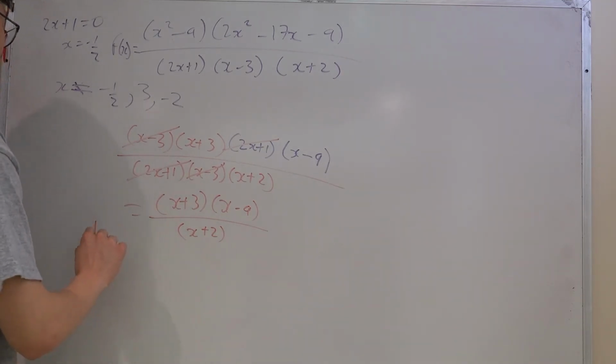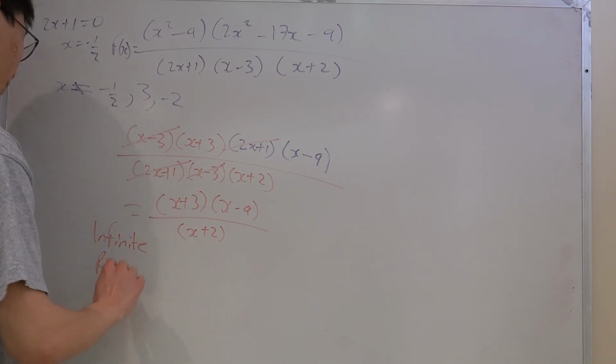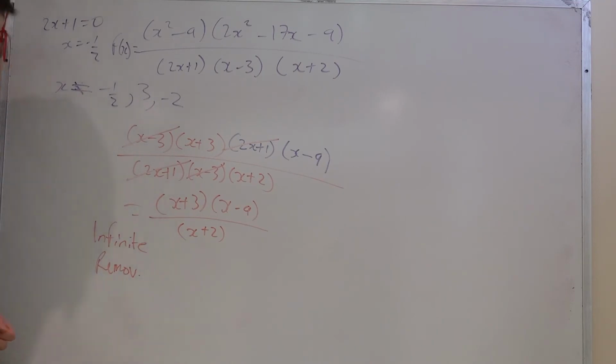So now we can classify our discontinuities as infinite or removable. And of course, our infinite discontinuity is at negative 2, and our removable discontinuities are at negative 1/2 and 3. Again, you can graph this gigantic thing just to make sure that we're right, but that's the answer that you should be getting. Okay?